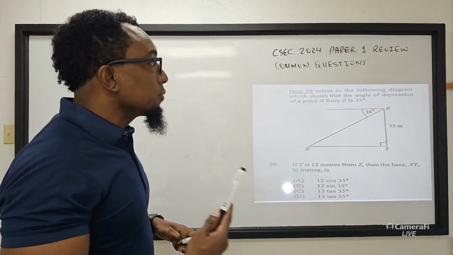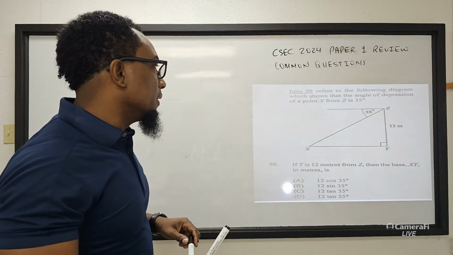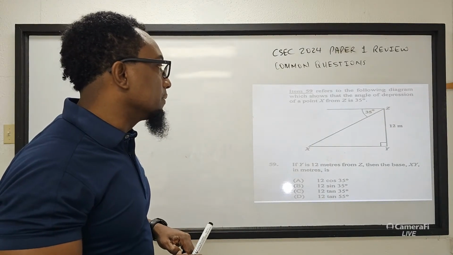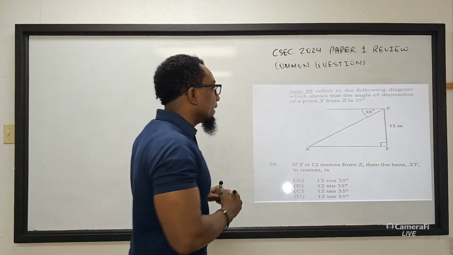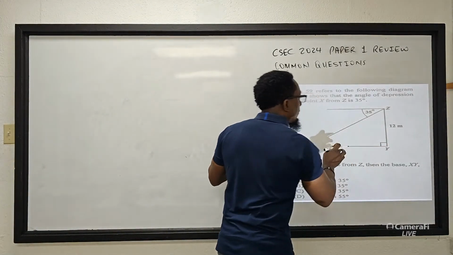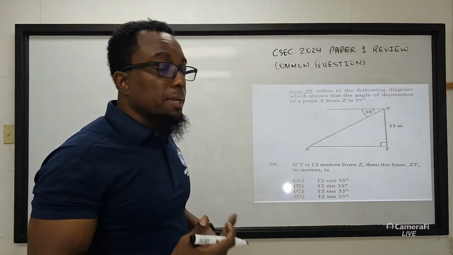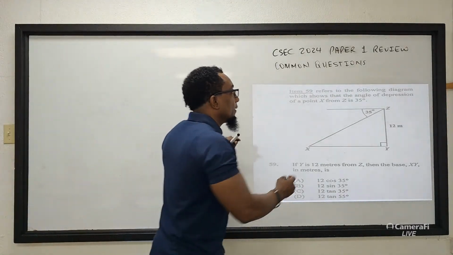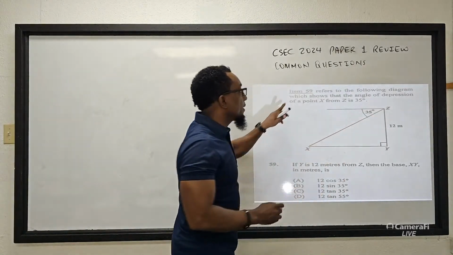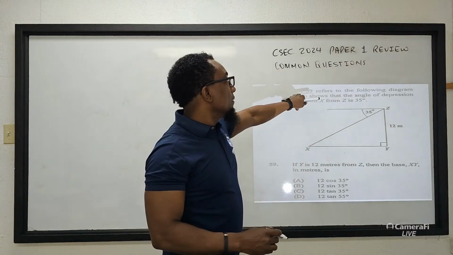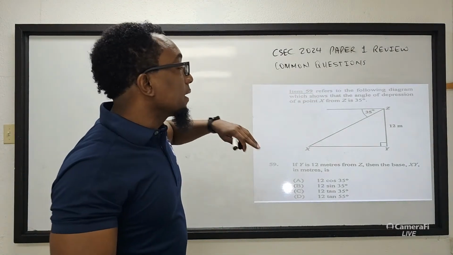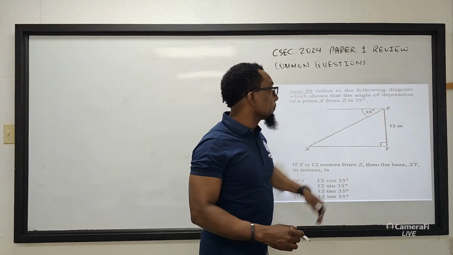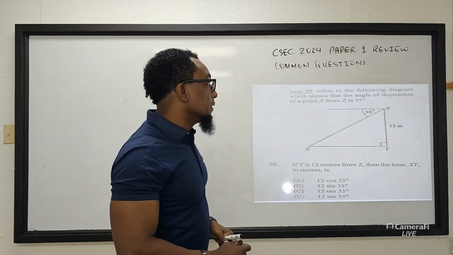Now, what some students may do again, they ask you, if Y is 12 meters from Z, then base XY is what? Of course, some students may go the route of saying this is an angle of depression. Question 59 refers to the following diagram, which shows an angle of depression looking down of 35 degrees.